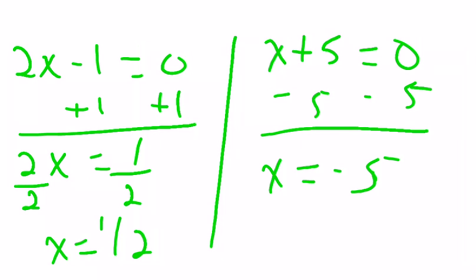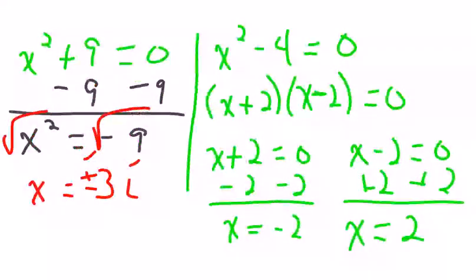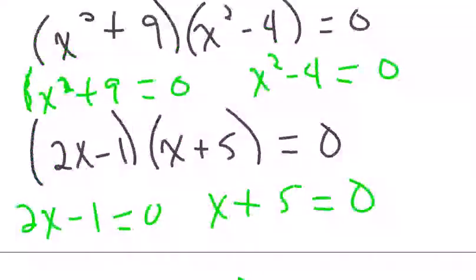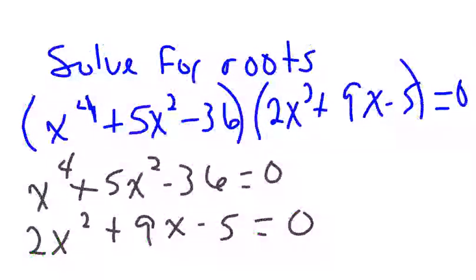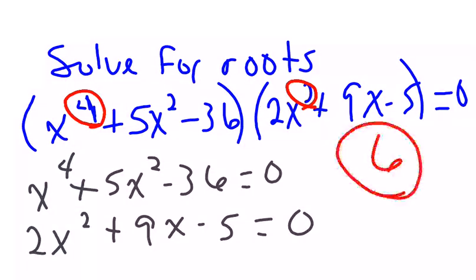So we have -5, 1/2, 2, -2, 3i, and -3i. So how many is that? Well, there's 2, 4, 5, 6 answers. Now we might ask ourselves, how do we know that we had 6 answers? When we go back here, this one shows that we had 4, but this one shows 2, but 4 plus 2, so 6 total roots that we were looking for, and we found them all.